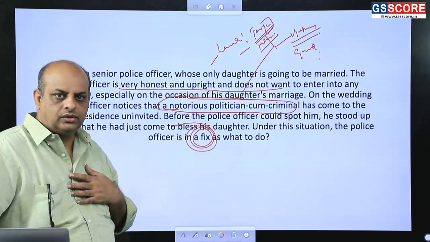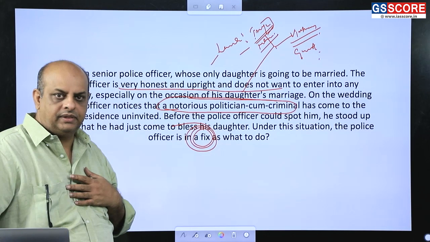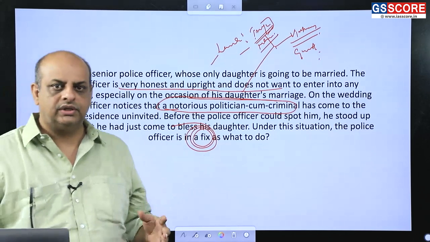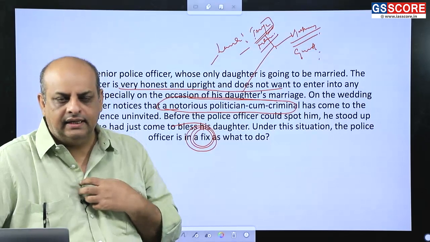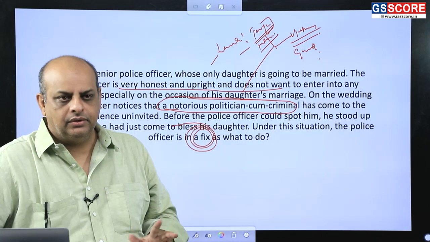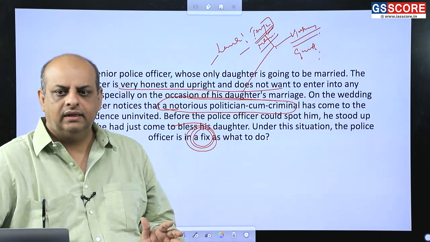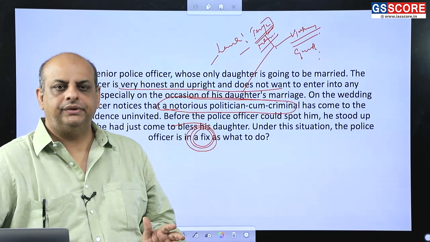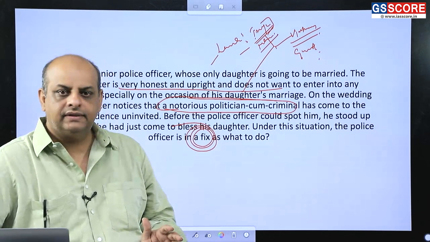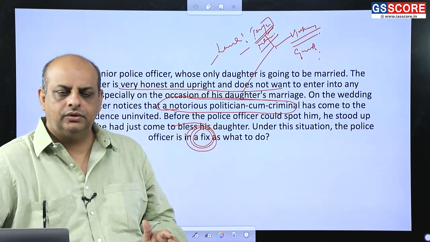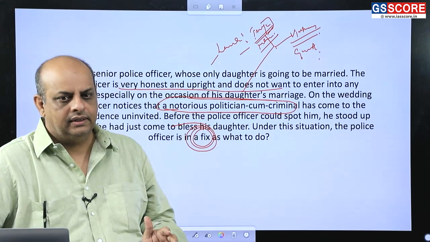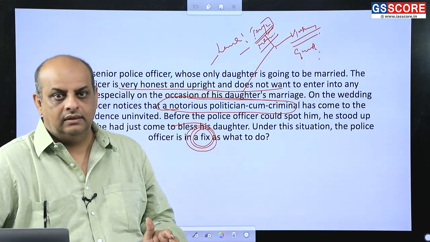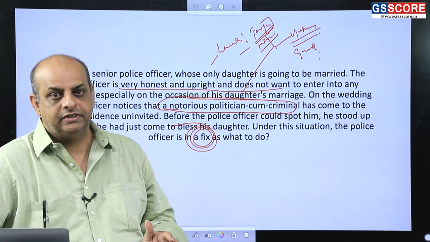And so it is also a kind of conflict of responsibilities, where it's not law versus social action or anything else. Rather, it's basically inside you. Because you are an honest officer, and by giving your life, you have earned the reputation. And these kinds of things may give a message to your community, to your fraternity, to your colleagues that, see, on this special occasion, you have invited such a notorious criminal.